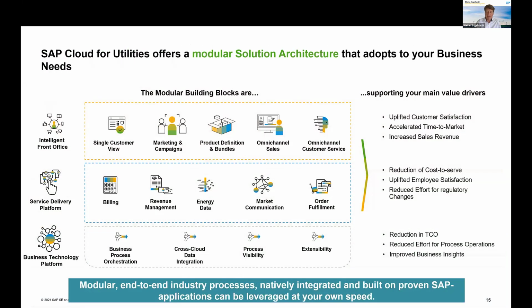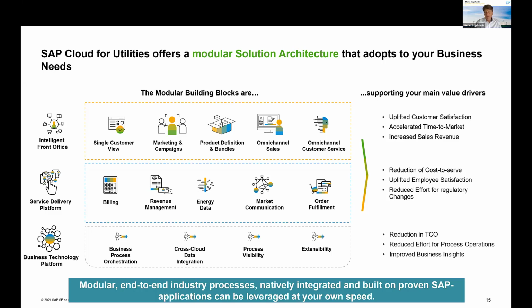The background and the solution architecture: the principle of Cloud for Utilities is to provide a modular solution architecture that adapts to the needs of a modern utility. The basic idea is that we leverage existing cloud components and existing products that we can make available in the cloud, and we expand them from a functional perspective, but keep the modularity of the approach. That means we provide a lot of integration content that connects these different solution components in order to provide an end-to-end experience.